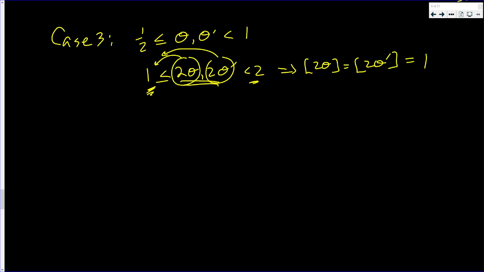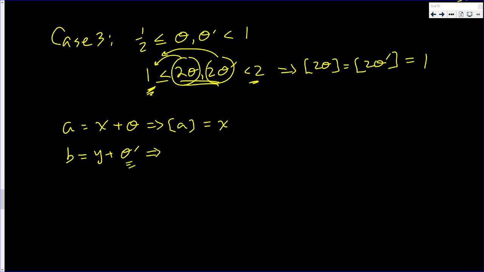Okay, so we know that a is equal to x plus theta. Theta is less than 1 and positive, so the greatest integer of a is just x. B is y plus theta prime.